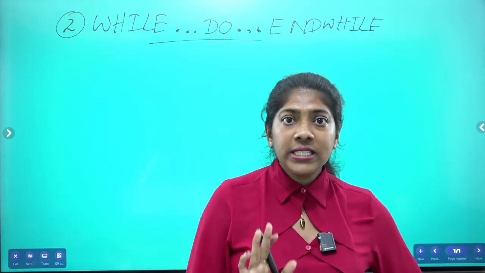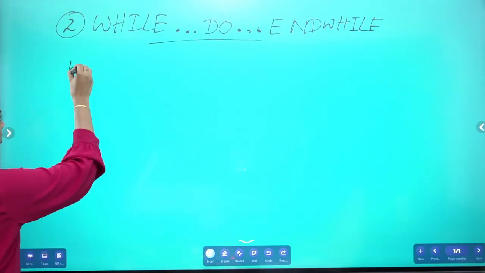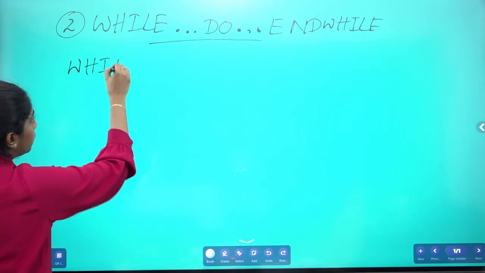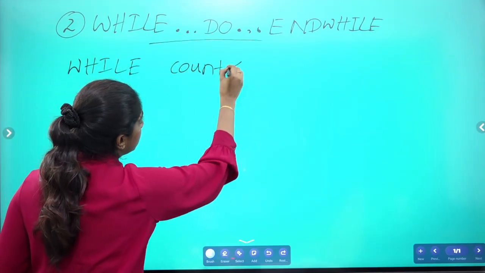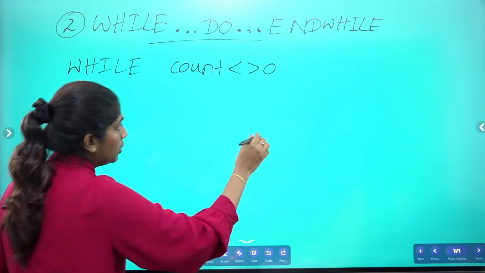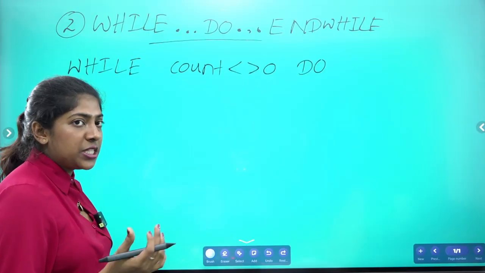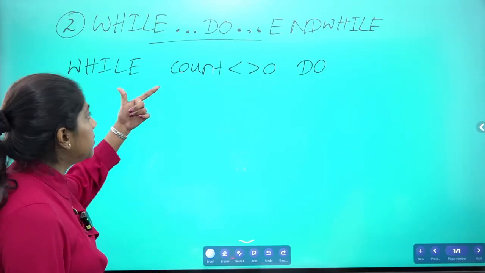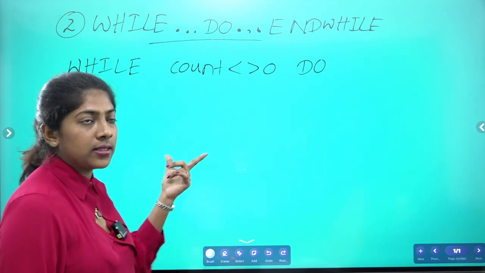I will take an example. While count not equal to 0, do. This means while count not equal to 0, do these things.